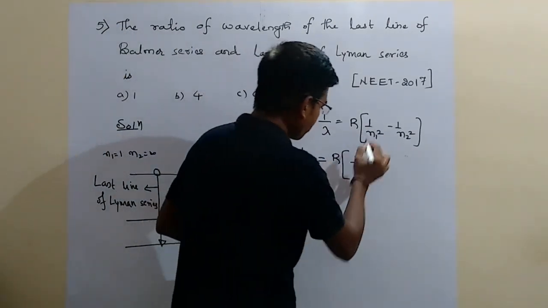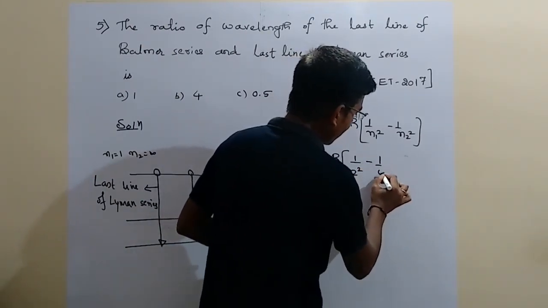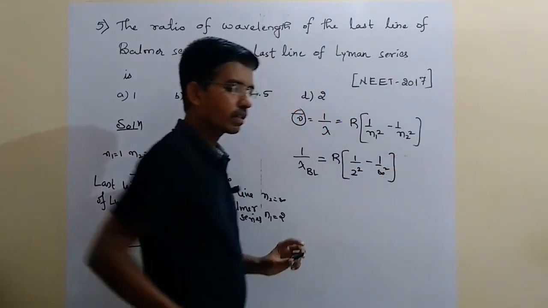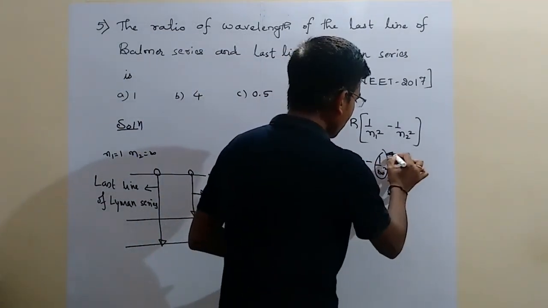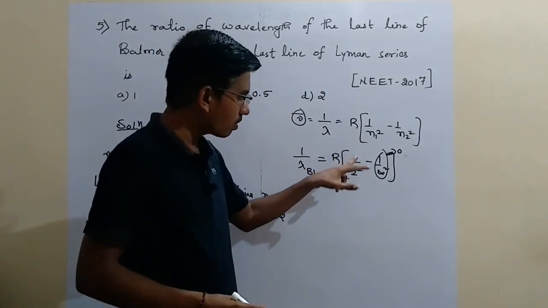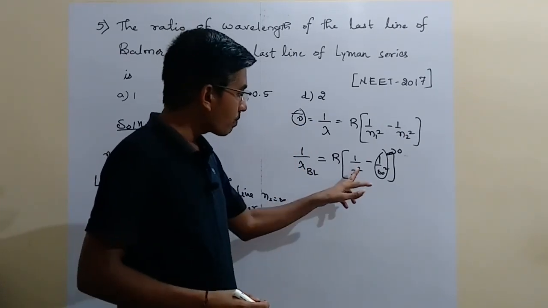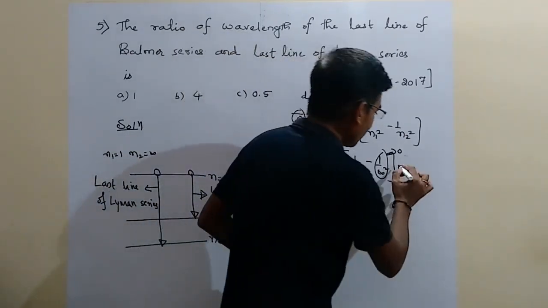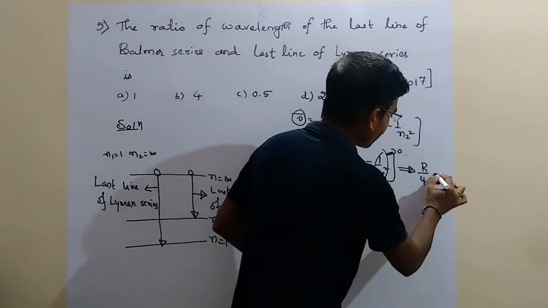So that is 1 upon 2 square minus 1 upon infinity square. 1 upon infinity square becomes equal to 0. The remaining thing inside the bracket is 1 upon 2 square, that is 1 upon 4. So 1 upon 4 into R, that is R upon 4. Take it as equation number 1.